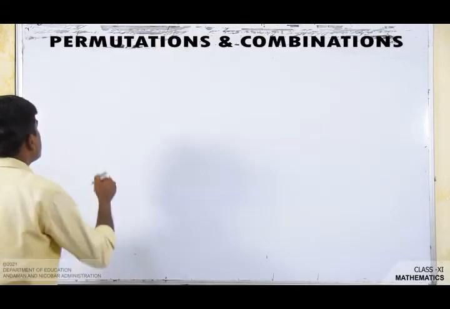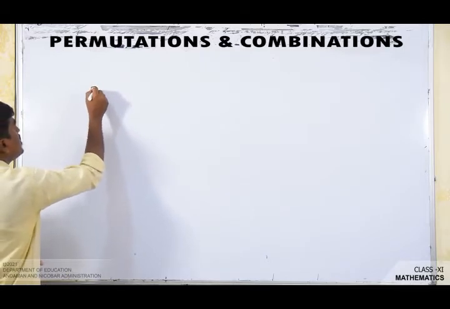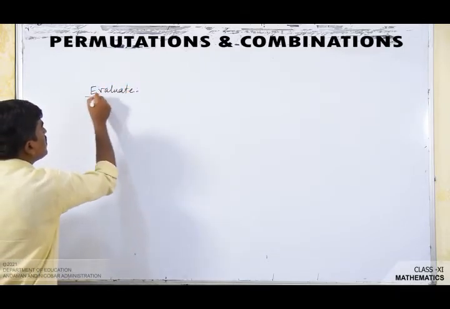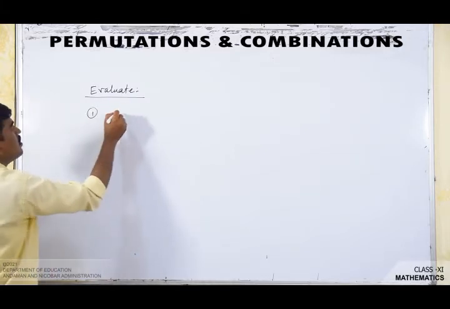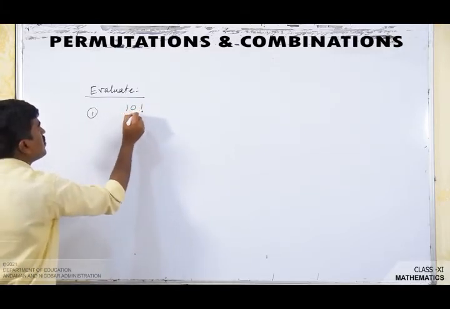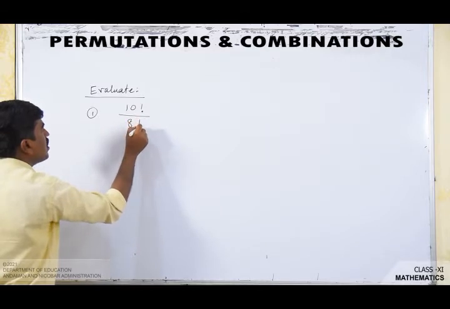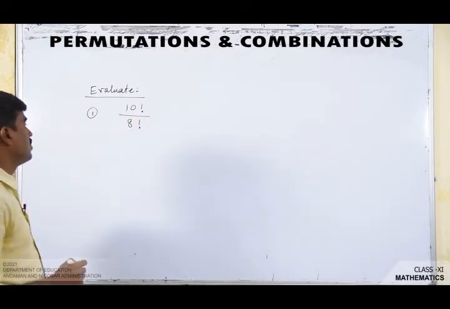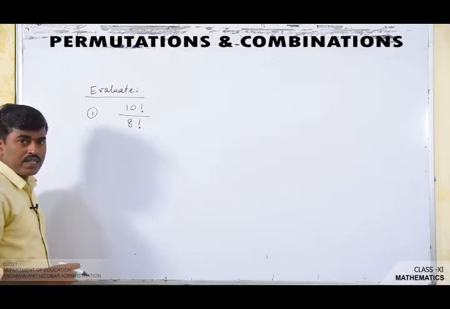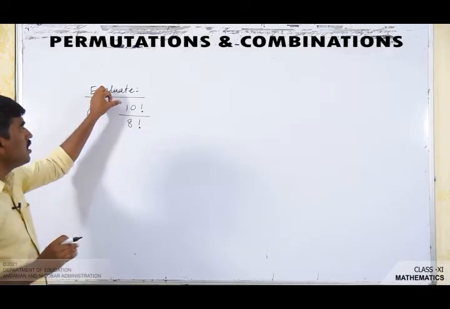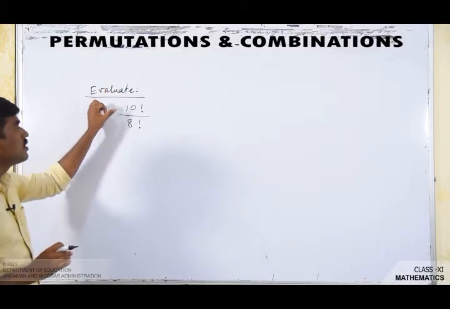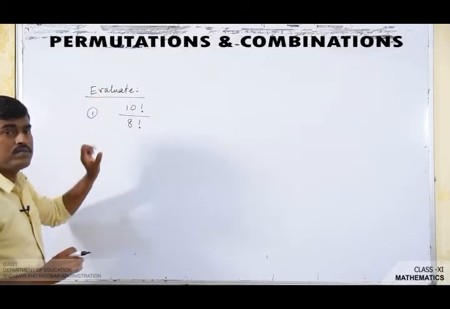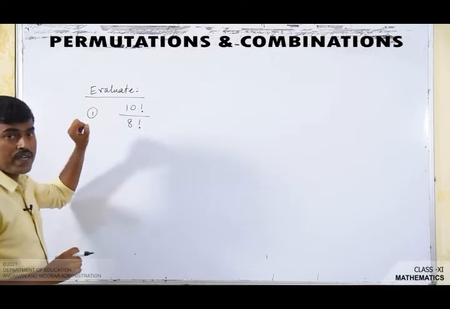Okay. So here the question is to evaluate, simplify, find. Number 1, 10 factorial divided by 8 factorial. So how to find the value of this? You see here the numerator is 10 factorial and the denominator is 8 factorial. Here the numerator is greater than the denominator and it is in factorial.